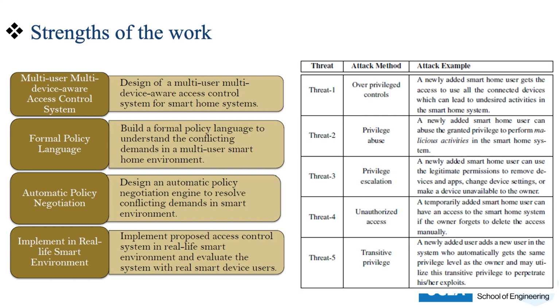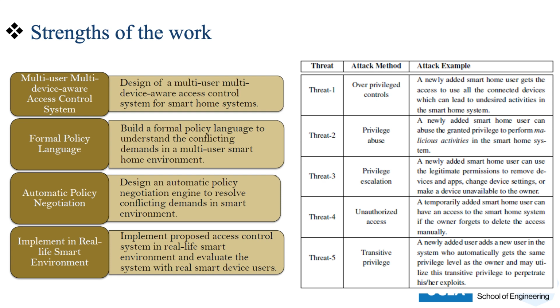After surveying different people, we have the strength of the work. What is also very good to see in this paper is that they're trying to handle 5 different threats, and how you can manage priority between the different people. Some people are overprivileged if you give them access to the whole system.